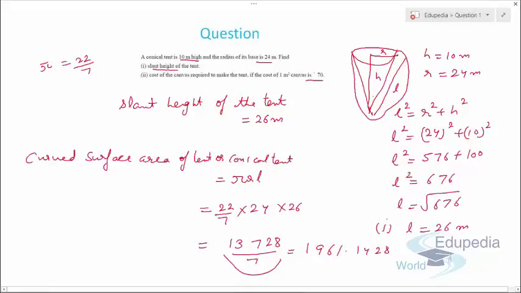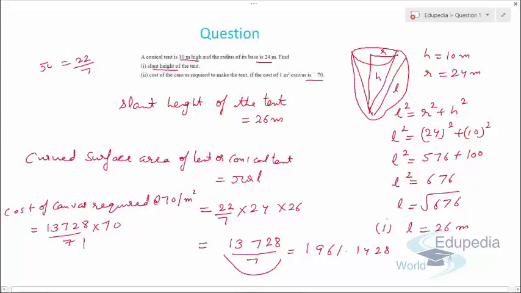Now it would be better if we don't divide and leave this like this, right? Because we need to find the cost of canvas required. So we can say that next step, the cost of canvas required at the rate of 70 per meter square will be equal to 13,728 upon 7 times 70, right?